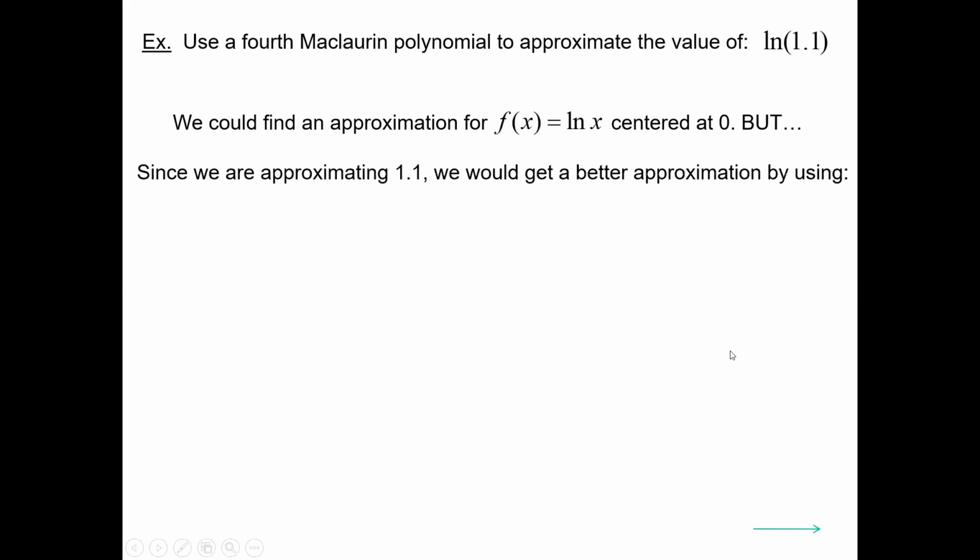So why don't we go ahead and use the function shifted, natural log of 1 plus x, and center that function at 0. So if we can picture the natural log function of 1 plus x shifts the natural log graph to the left 1 unit. So let's use this as the function that we want to work with.